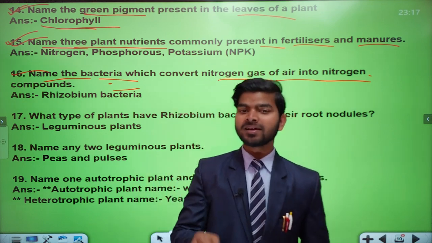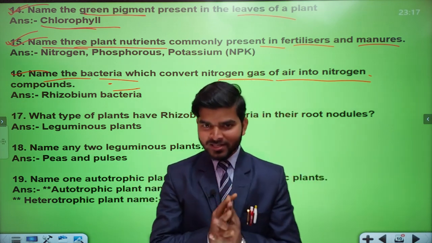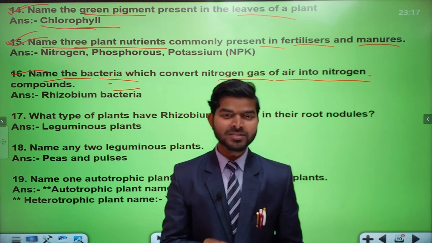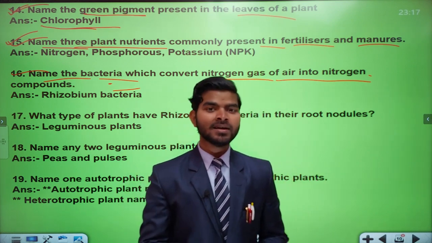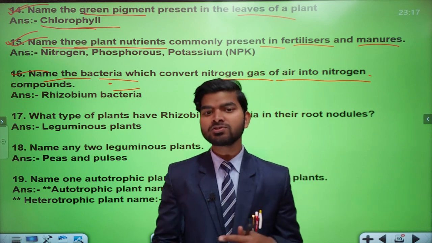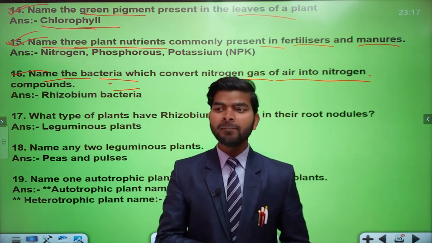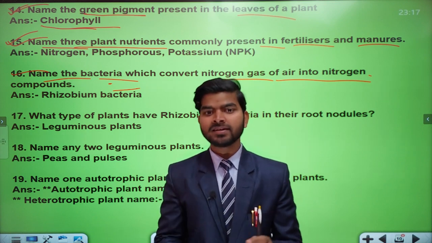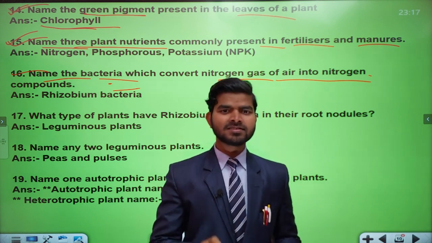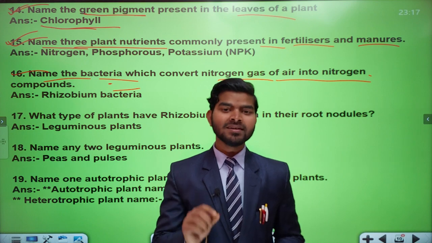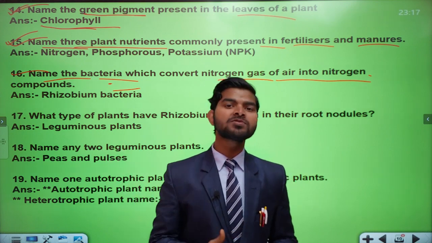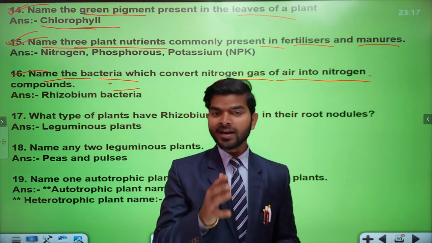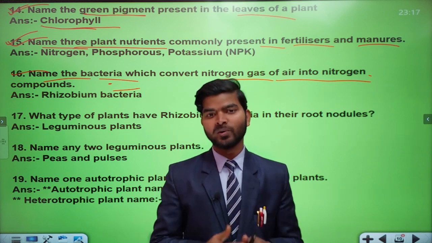I have given the concept of leguminous crops, and in leguminous crops there are root nodules, and in the root nodules there is the presence of Rhizobium bacteria. The main role of the Rhizobium bacteria in the leguminous crop is that they take nitrogen from the atmosphere or from the surroundings and convert this nitrogen into nitrogen compounds.